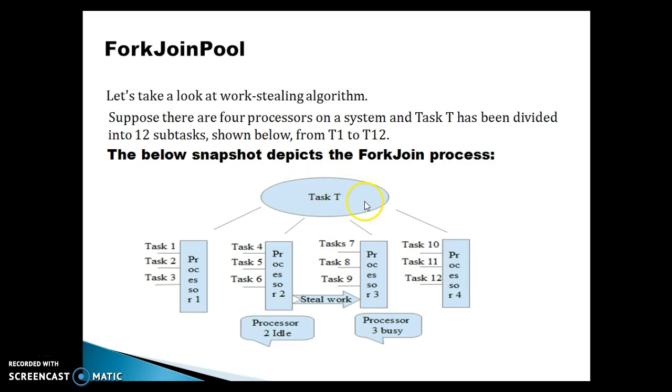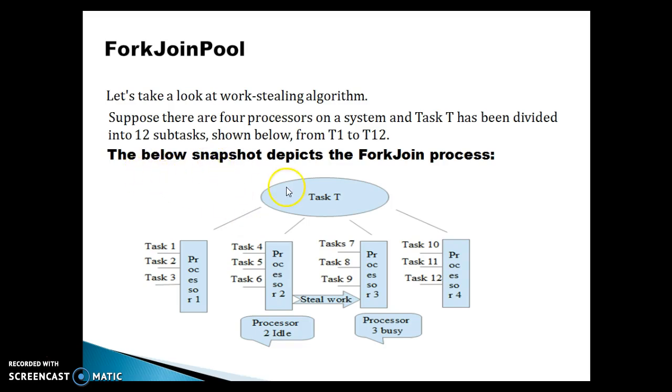Task T is the bigger task that has been divided into 12 tasks. Task 1, task 2, task 3 are assigned to processor 1, and task 4 to task 6 are assigned to processor 2. Similarly, task 10 to 12 are assigned to processor 4.